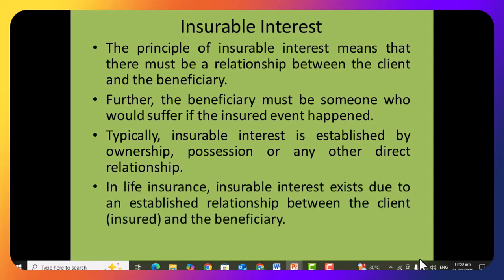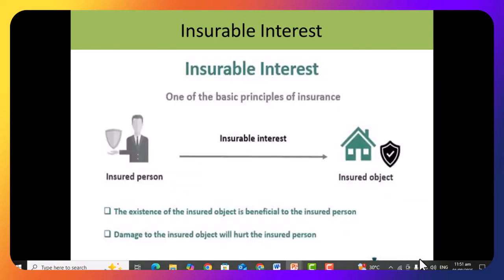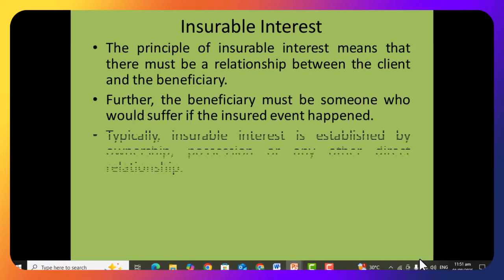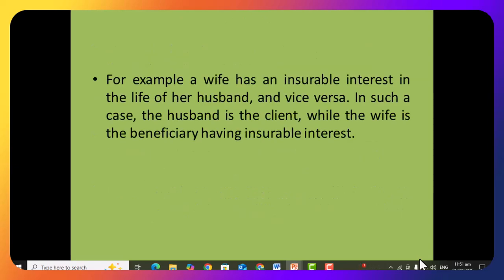So, in life insurance, insurable interest exists due to an established relationship between the client and the beneficiary. You can see it's the same detail which I just mentioned. For example, a wife has an insurable interest in the life of her husband and vice versa.